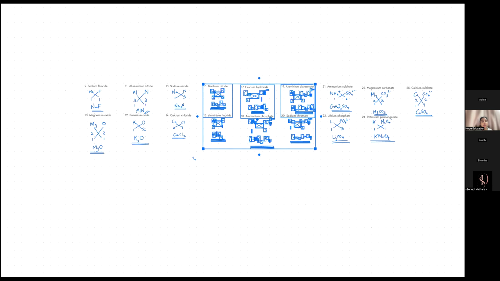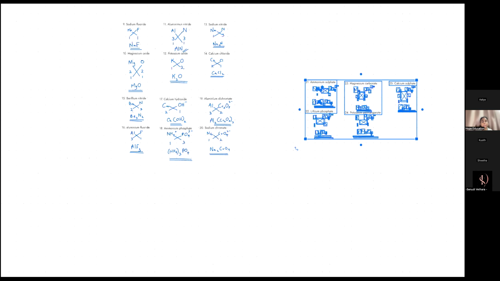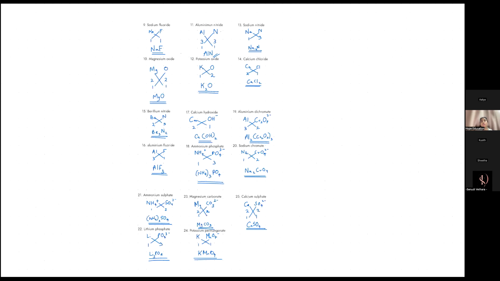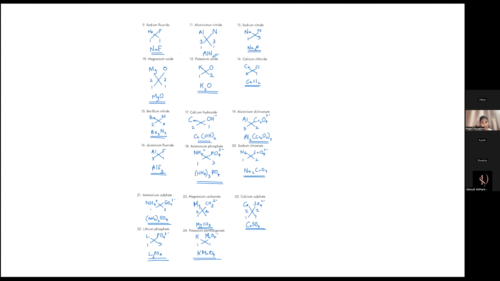Another thing that I want you to be very careful about is capital and simple letters. Sodium, N is capital, a is simple. Phosphate, P is capital, O is also capital, right?